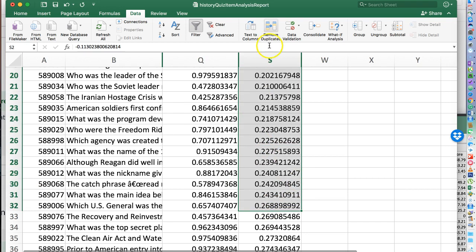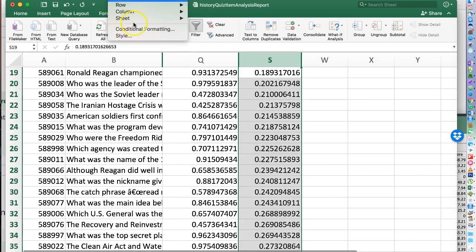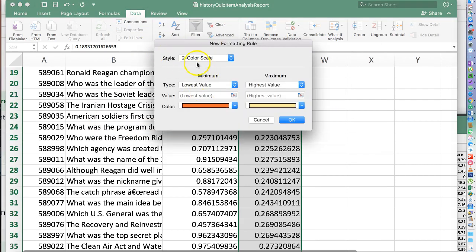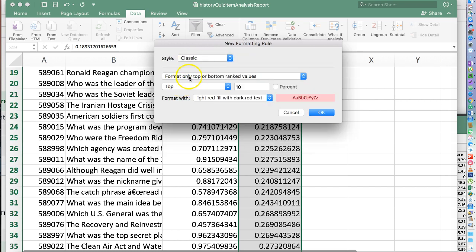But what you can do is conditional formatting, and you can either do a gradient, but I kind of like to have a cutoff because it makes it easier.